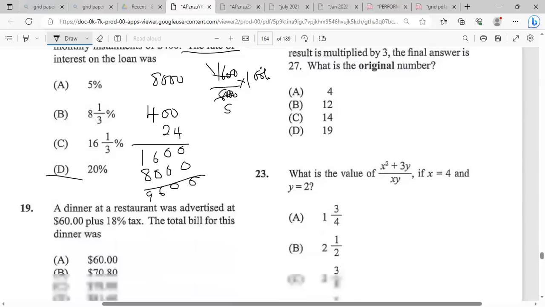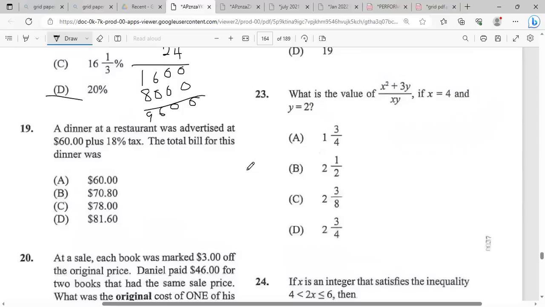A dinner at a restaurant was advertised at $60 plus 18% tax. The total bill of the dinner was, so it's 18% of the $60. And then we add that.